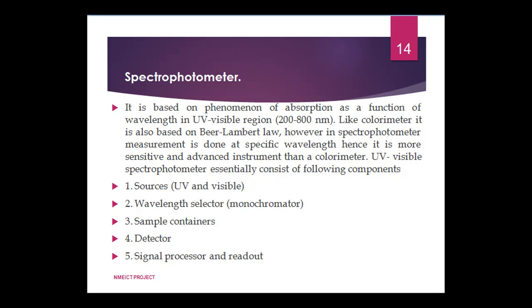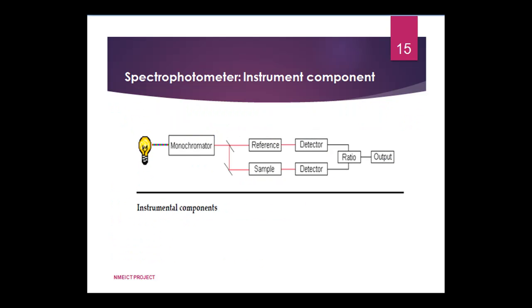Hence, it is more sensitive and a more advanced and sophisticated instrument than the colorimeter. A UV-visible spectrophotometer essentially consists of the following components: source of light, wavelength selector, also known as monochromator, sample container, detector, signal processor and readout, as shown in the following flow diagram.